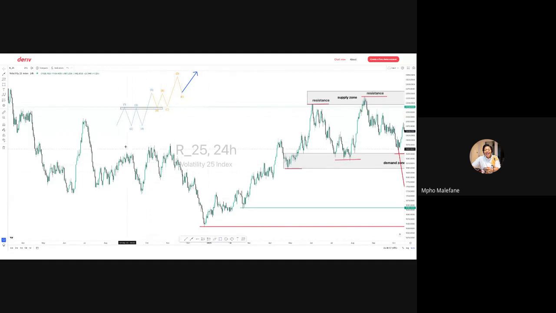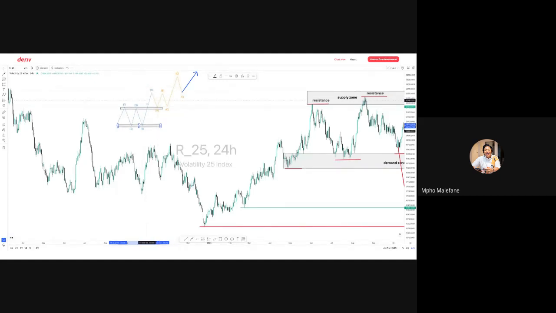What actually happened there was the first law, which was the price of the market respecting the demand and supply. But when it got to number 4, the price of the market broke out. So the breaking out is law 3, law 2.